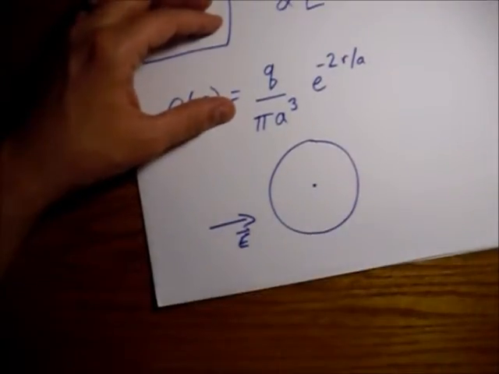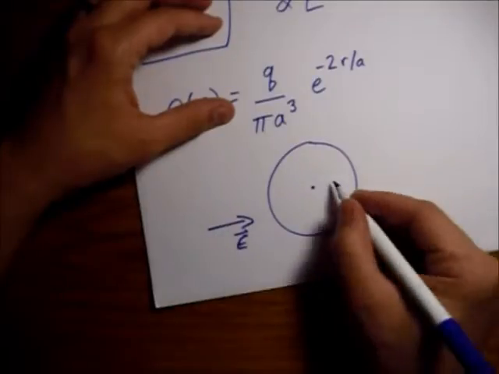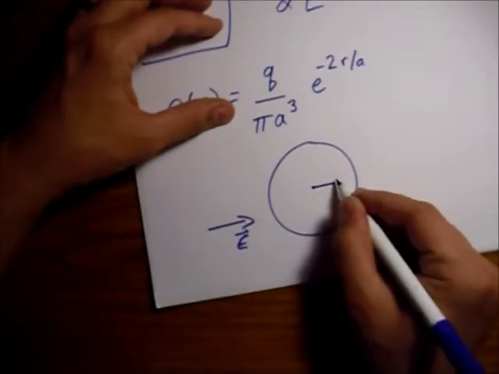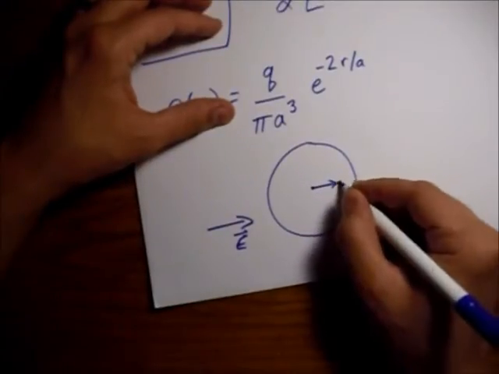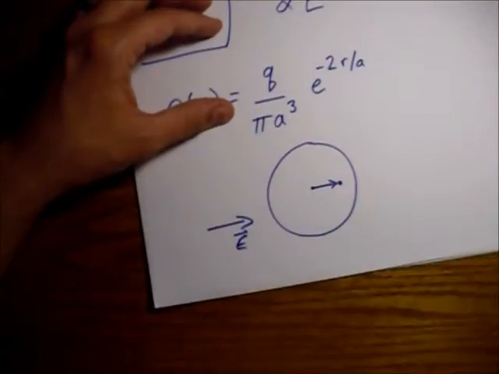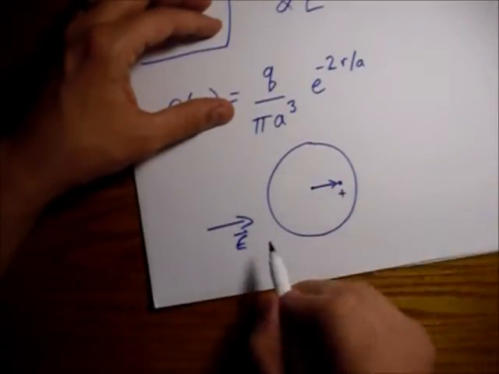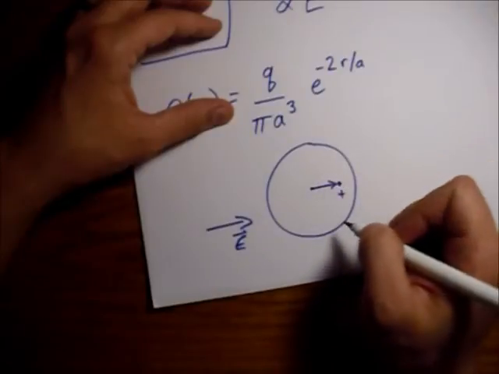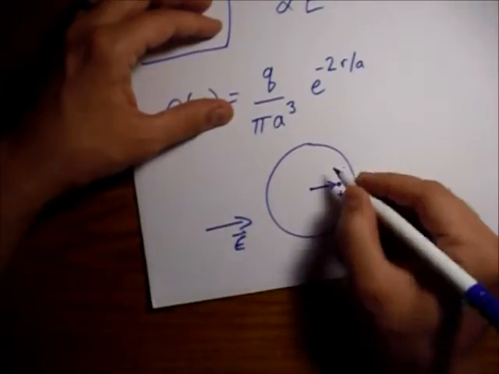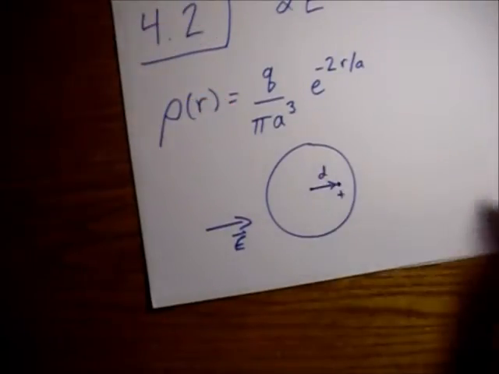In the influence of this external electric field, the positive charge is going to move some tiny distance. This is greatly exaggerated, right? It's going to move some small distance.